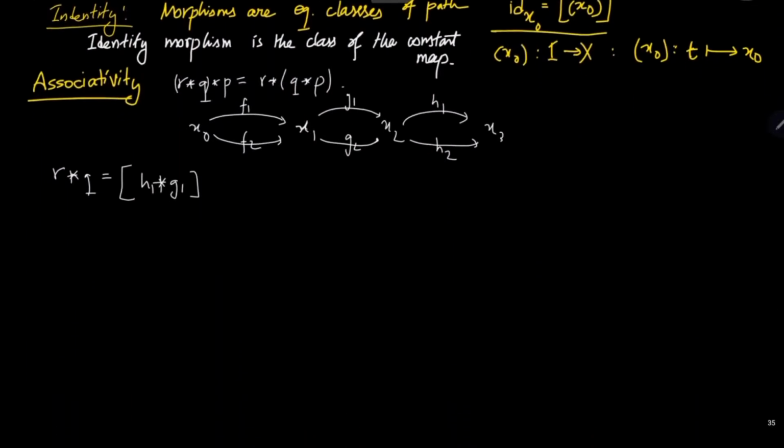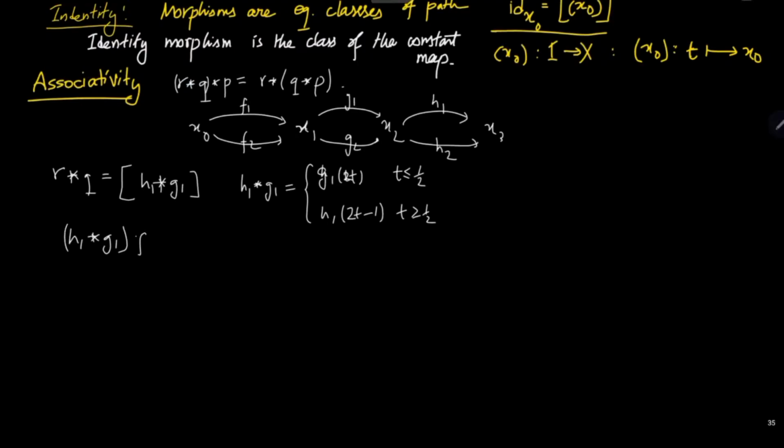So h1 star g1 is this map, which is g1 of 2t for half the time, and h1 at double speed for the other half of the time.